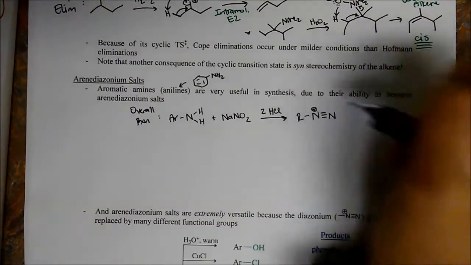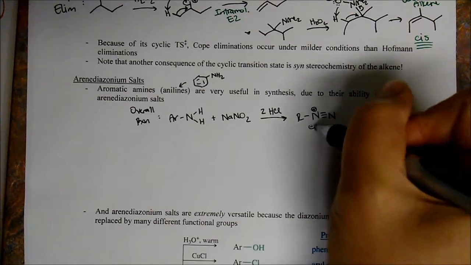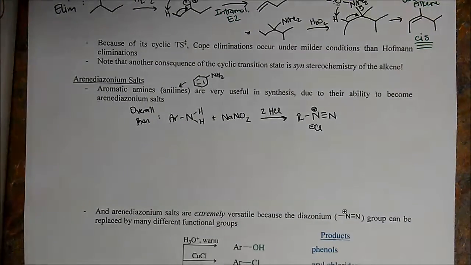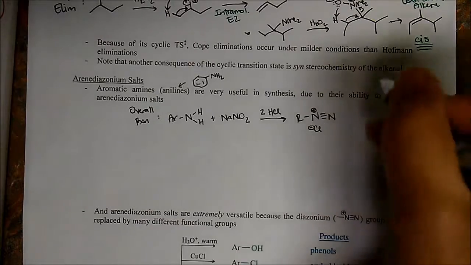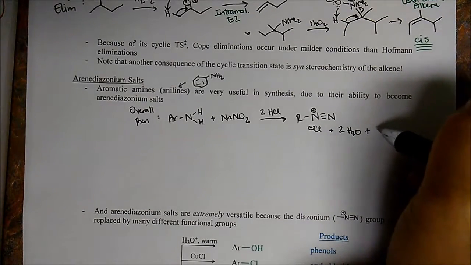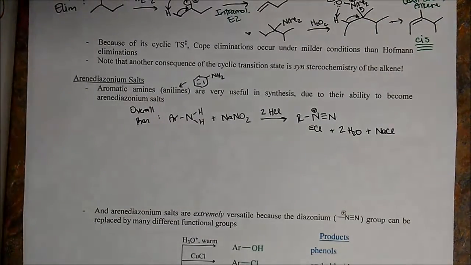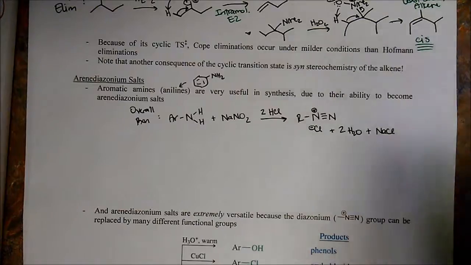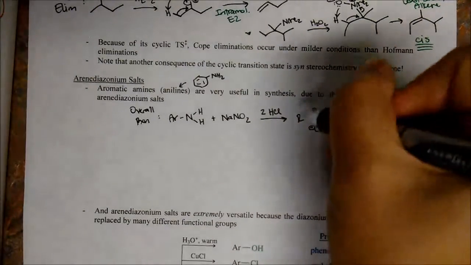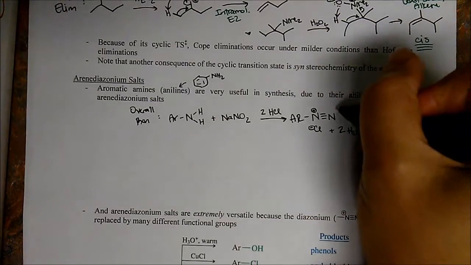So we have a plus here, and the salt part, we have a Cl minus to be the counter ion for our plus charge there. We also get 2 H2O plus NaCl. This N2 group on the arene, or on the aromatic group, that should have been Ar. This is the arene diazonium salt.